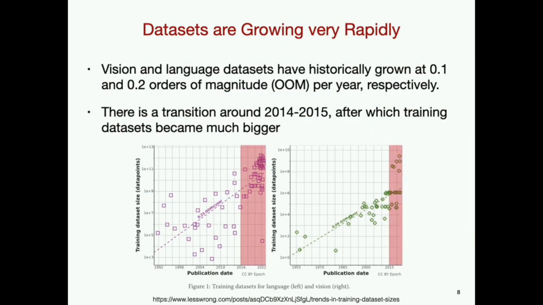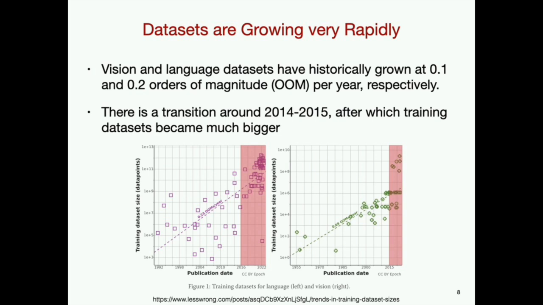If you look at these 2 plots, again, left is for training language models, data size, and right is for training vision models over years. You see that in the last couple of years, we went huge. Again, the y-axis is log scale, so a small difference in the end is a huge difference in the size of the training data.